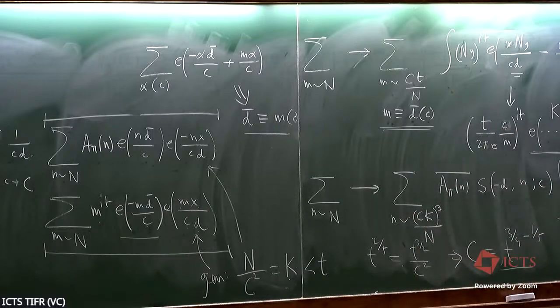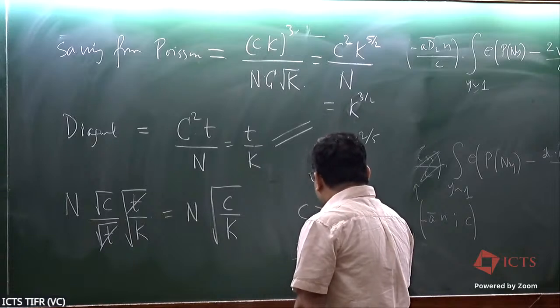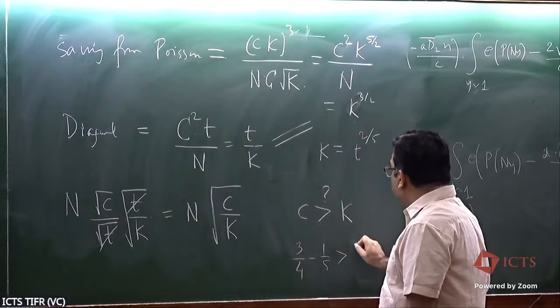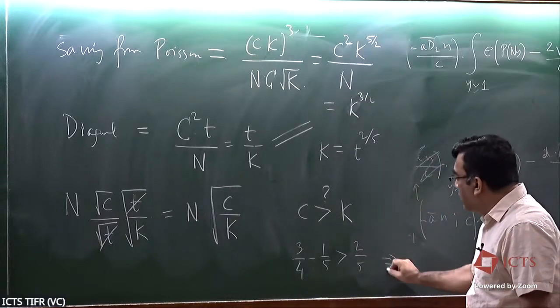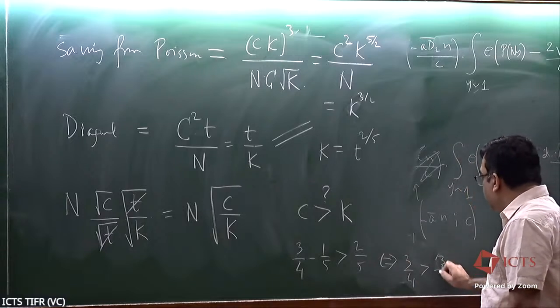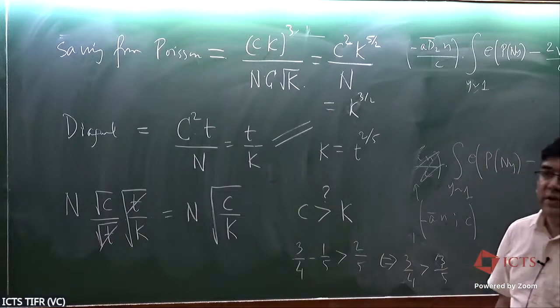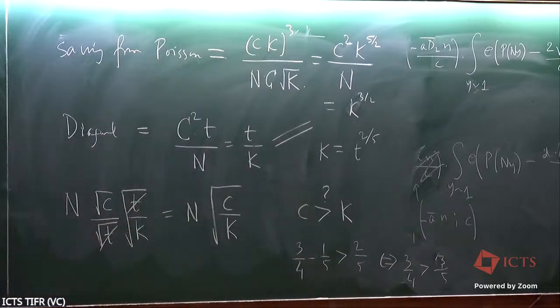So I have to check whether T to the power 3/4 minus 1/5 is larger than T to the power 2/5. This happens if and only if 3/4 is larger than 3/5. Okay, I wrote 4/5, that's fine, right? So it works there. So you have a choice of C, and that will give you subconvexity. So that's an application of the Kloosterman delta method in analytic theory of L-functions.